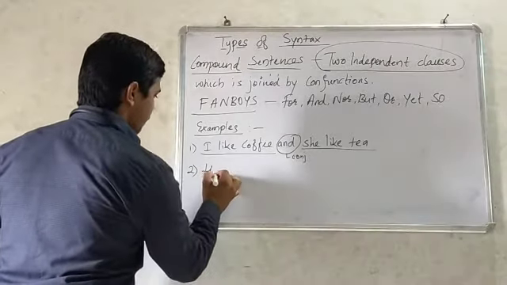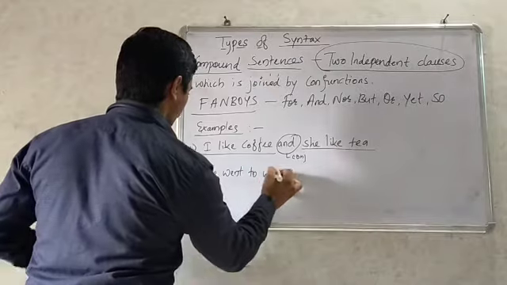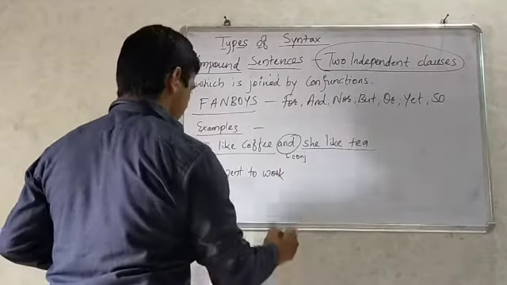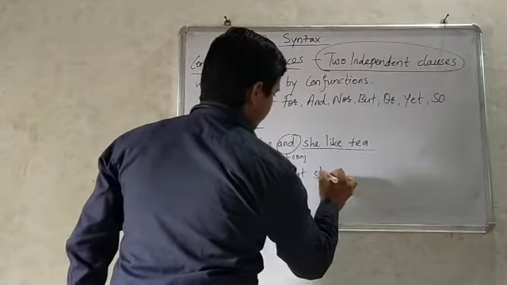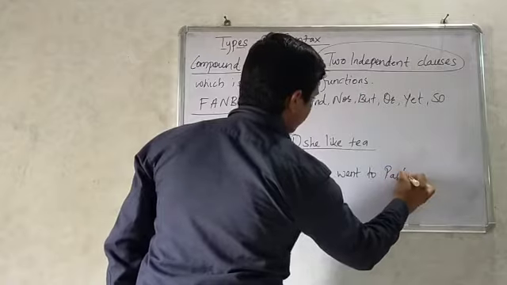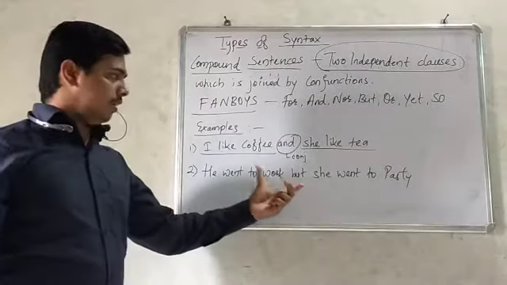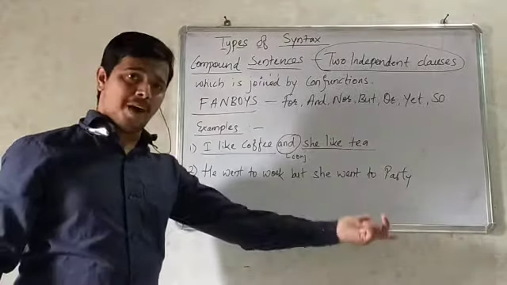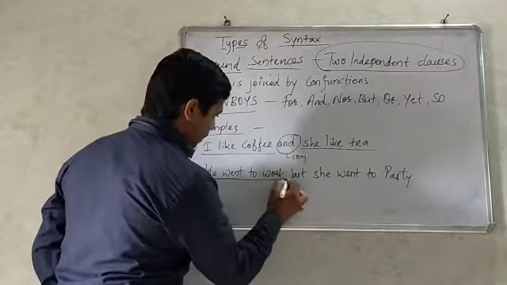Now let us see the second one. He went to work, but she went to party. Again in this sentence you will find two independent clauses.